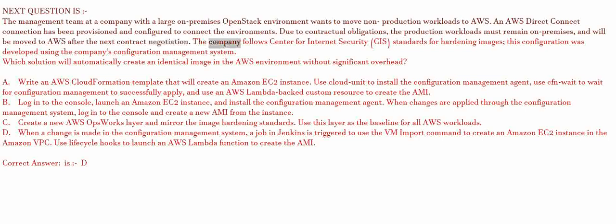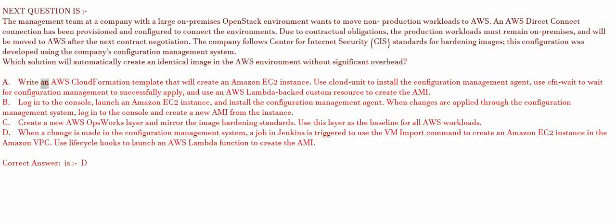The company follows Center for Internet Security (CIS) standards for hardening images. This configuration was developed using the company's configuration management system. Which solution will automatically create an identical image in the AWS environment without significant overhead?